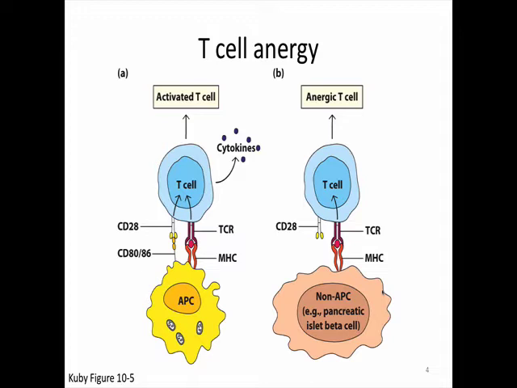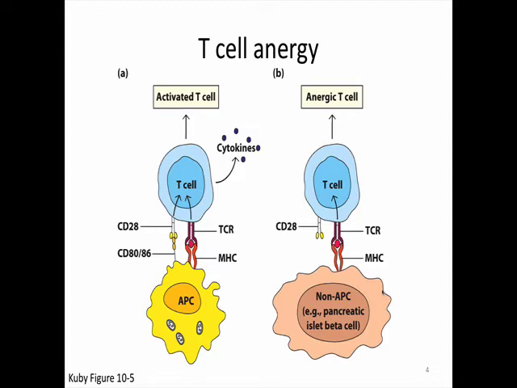But it's not just that. Not only does the T cell not become activated, that T cell is actively turned off. That T cell is anergized. So if signal 1 and signal 2 are provided together, our T cell is activated. If signal 1 is provided without signal 2, our T cell is anergized. If the T cell were to get signal 2 without signal 1, which is a question people sometimes ask, nothing happens. This is exceptionally important. This is really what makes this whole T cell process work.